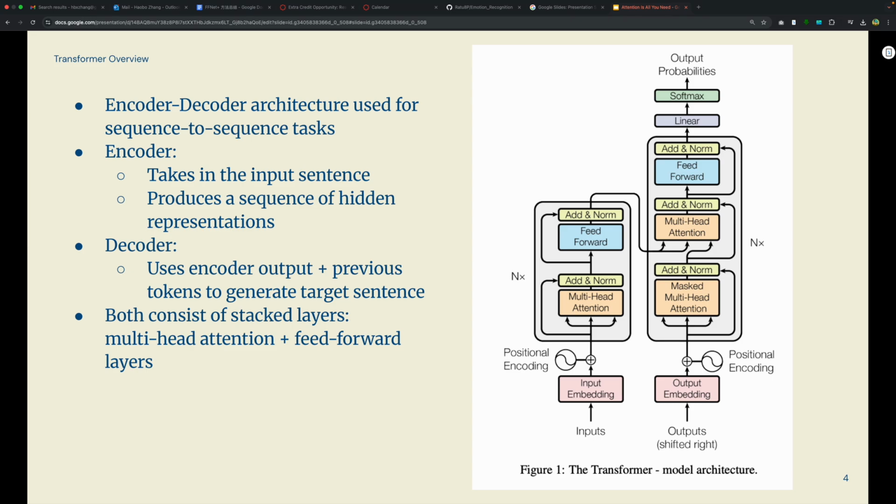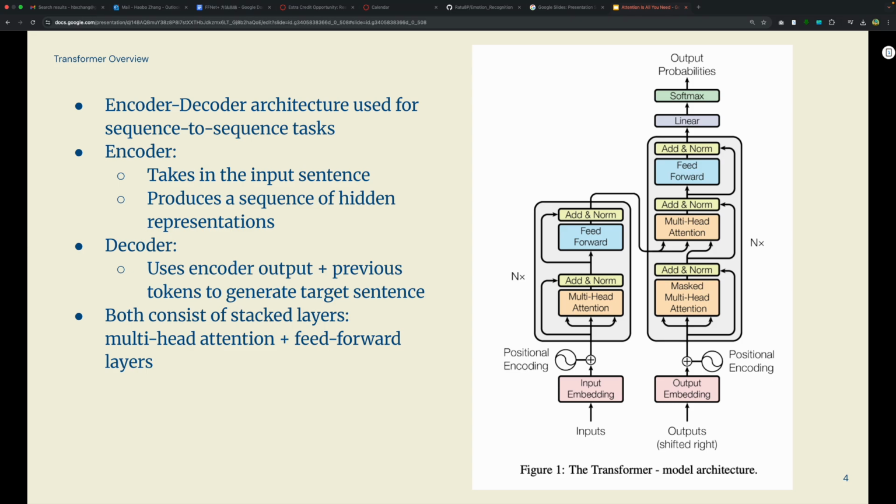Each decoder layer includes a masked multi-head self-attention block, ensuring that predictions for a given position only depend on earlier positions, followed by an encoder-decoder attention layer and a feed-forward network. This structure allows the decoder to incorporate relevant information from both the input and the previously generated output.